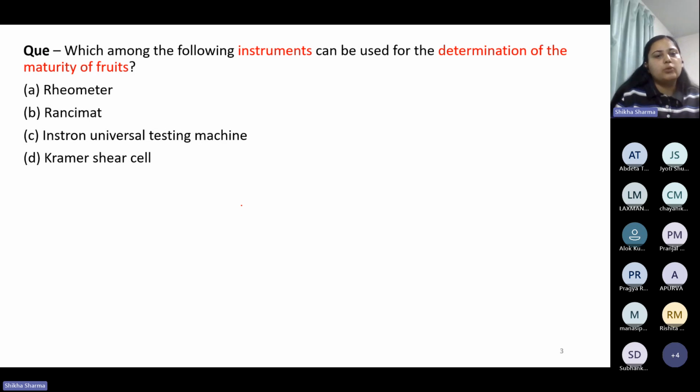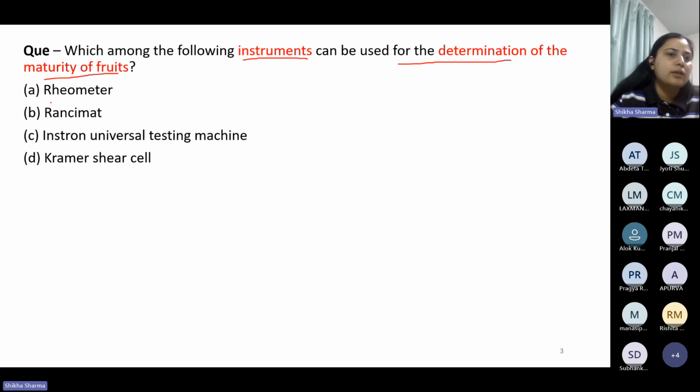So today's first question is regarding maturity of the fruits. The question says, which among the following instruments can be used for the determination of the maturity of fruits?